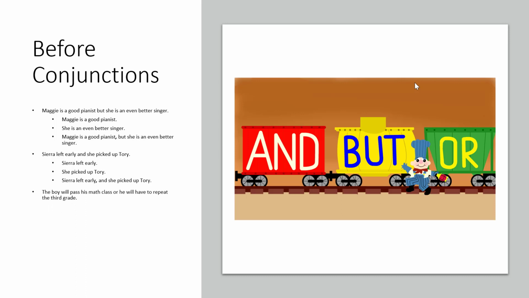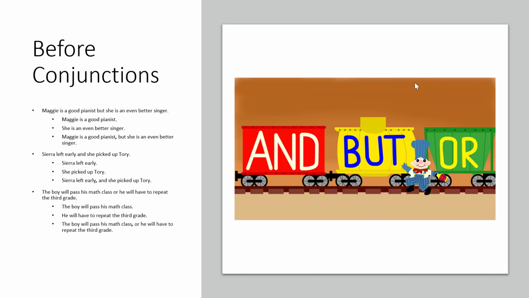And finally, when you have or, you are taking the same concept of two complete thoughts, adding a comma and the conjunction or. In this case, the sentences on their own do not necessarily give the same final impression that they should. The boy will pass his math class. He will have to repeat third grade.